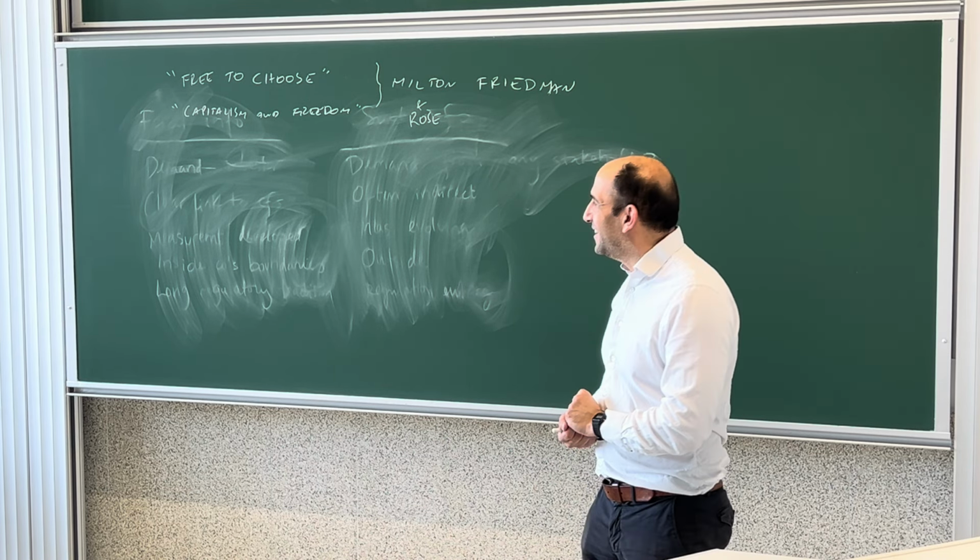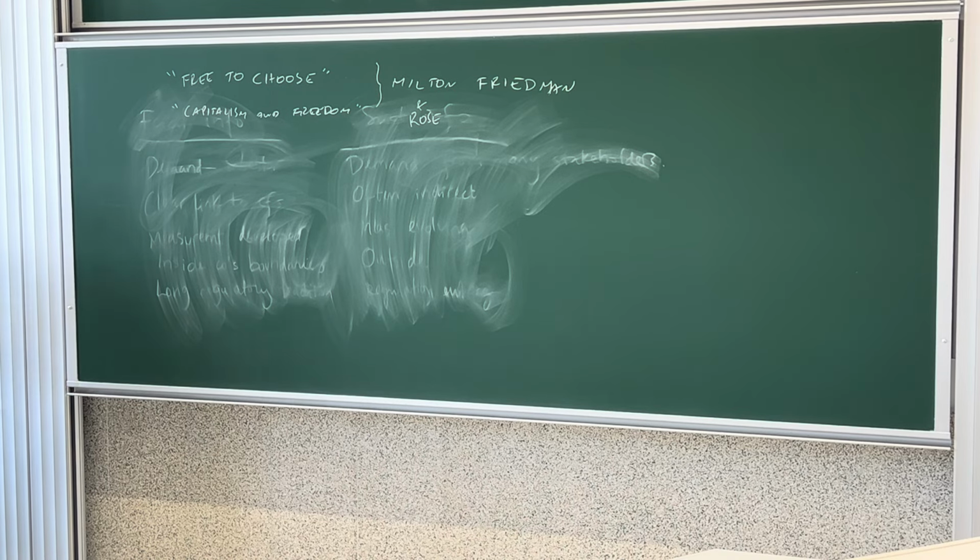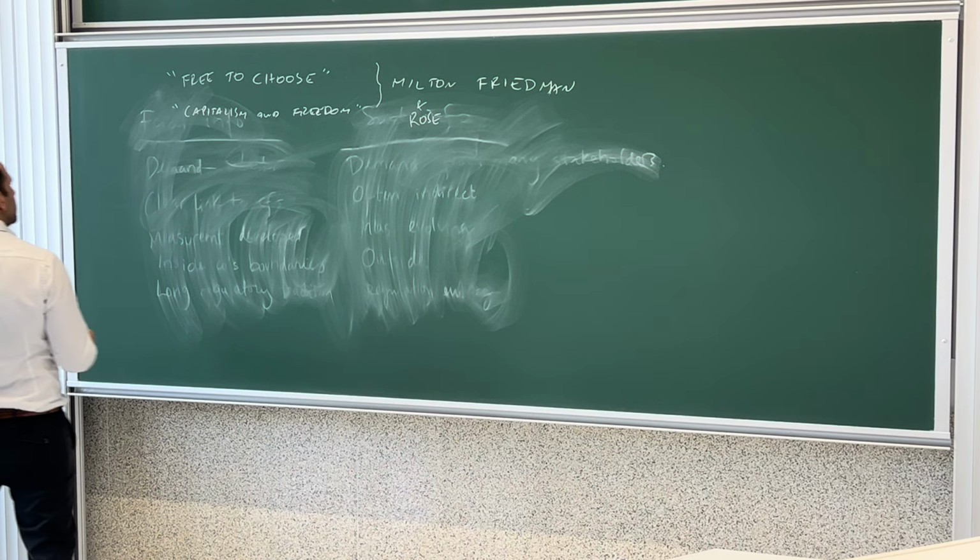Okay, so now we want to do, what do we do? Backward induction, or do we do it in one go? Let's do it in one go. We have the formula already. It's easier, right?